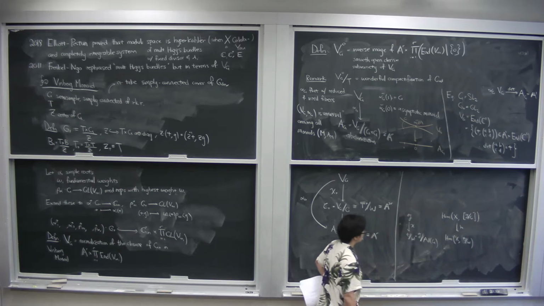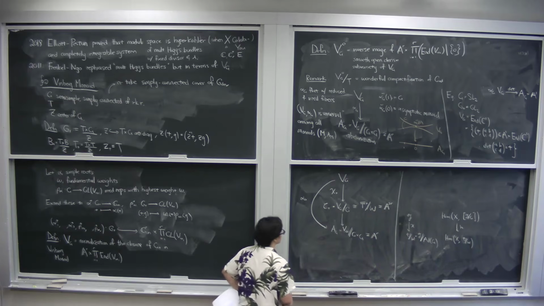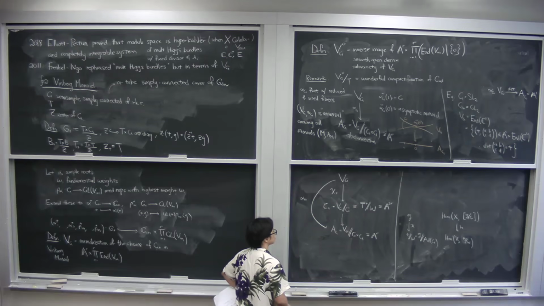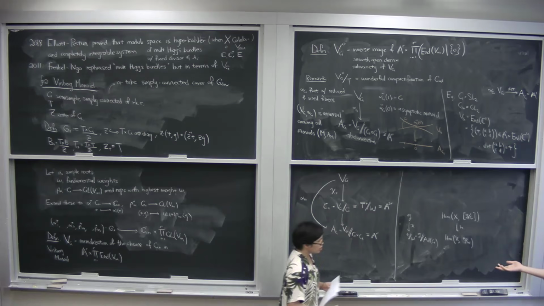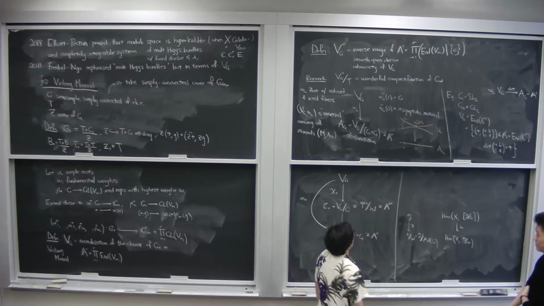And should the nilpotent cone still correspond to some kind of CBHS type thing? Yeah, in the classical case, if you look at the nilpotent cone, you should expect that you get variations of Hodge structures. But the setup looks wildly different here.